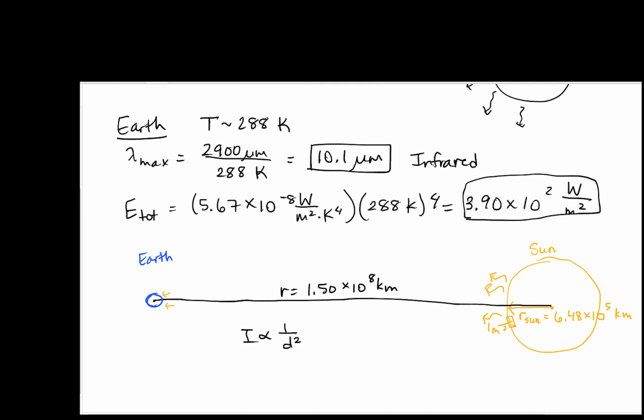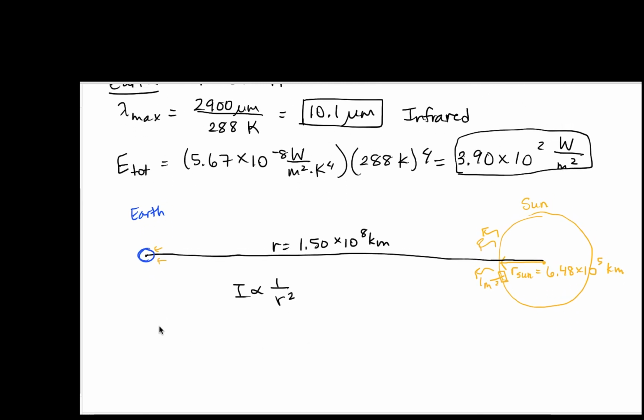I should actually put r squared instead of d squared since that's what we're using. All right, so this is a 1 over r squared relationship, that the distance between these two, 1 over that squared decreases the intensity. So whatever this ratio is going to be is the factor by how much this energy gets decreased. So let's go ahead and try that out.